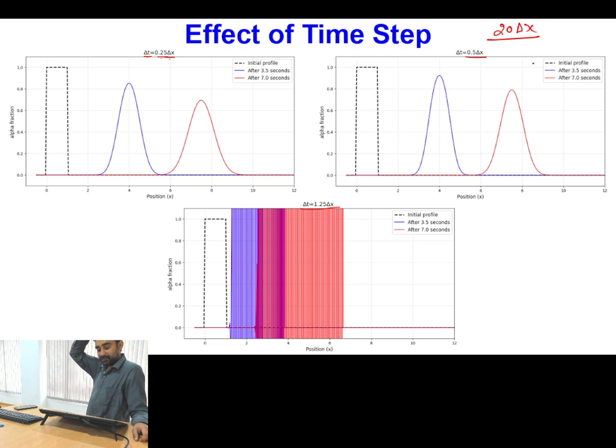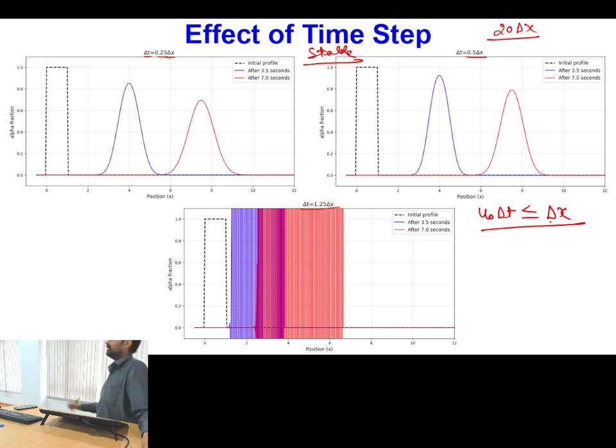On the contrary, in both situations our solution is actually stable. Yesterday I told you one simple thing, that whenever we select the time step, we select it in such a way that u naught into delta t has to be less than or equal to delta x.